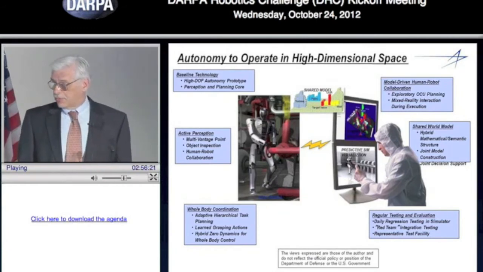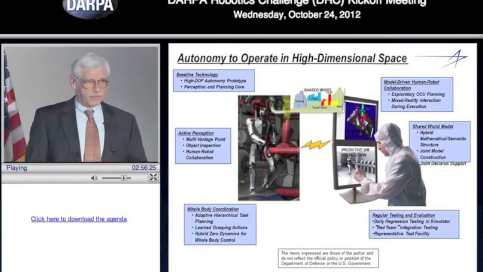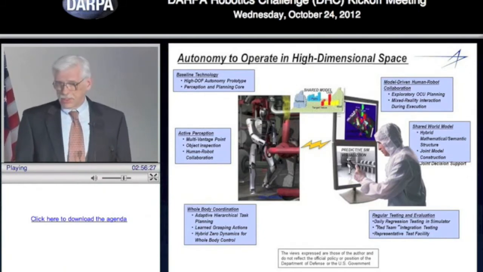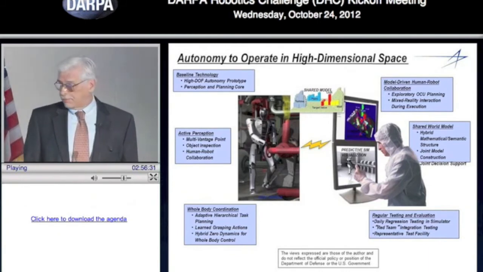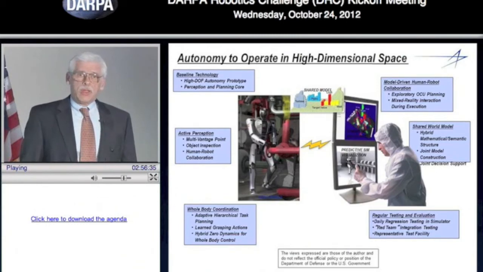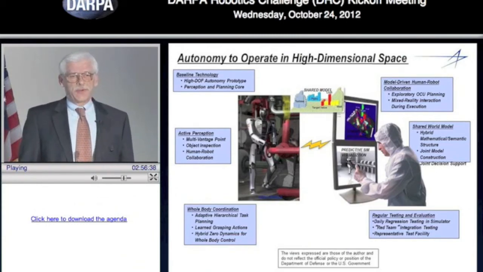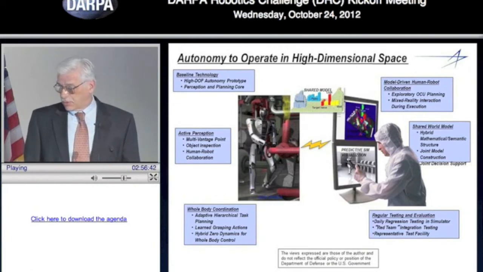It's going to be model driven. It's going to use the kind of predictive simulation that was mentioned by a few of the other teams, and again mentioned by Dr. Pratt, to allow the operator to do exploratory planning. And it's going to be based on what we call the shared world model that will be the basis for allowing the robot and the human to collaboratively build up an understanding of the world.